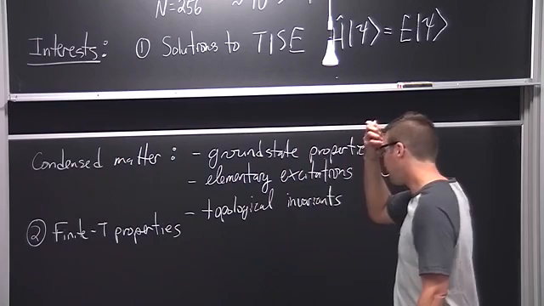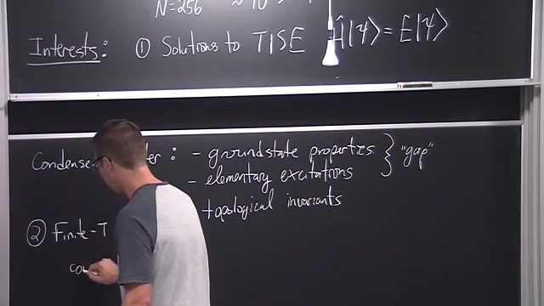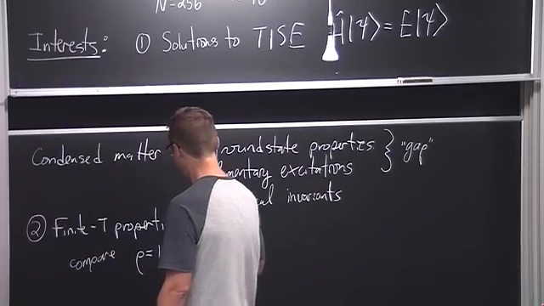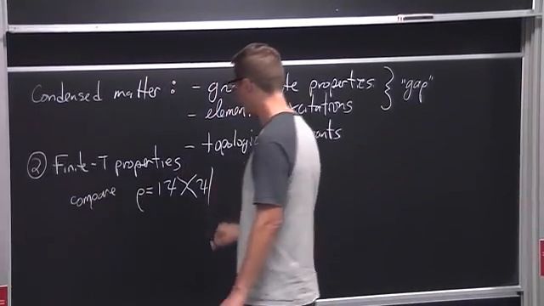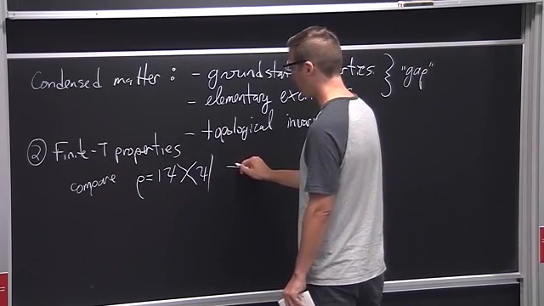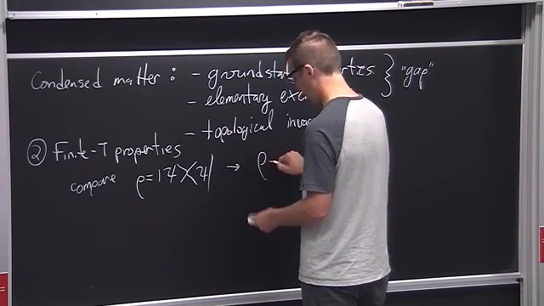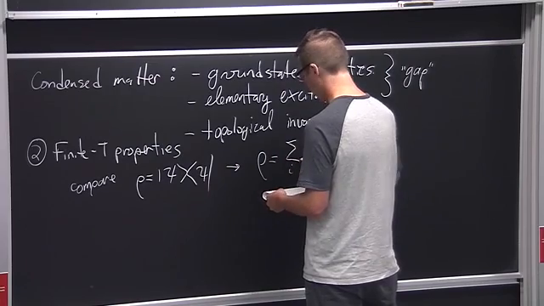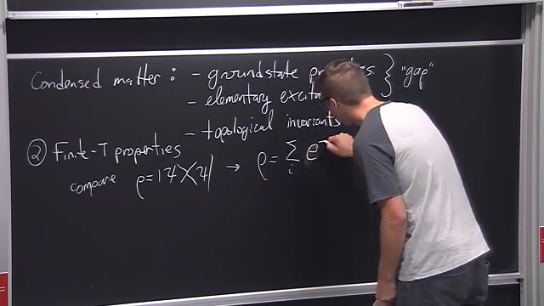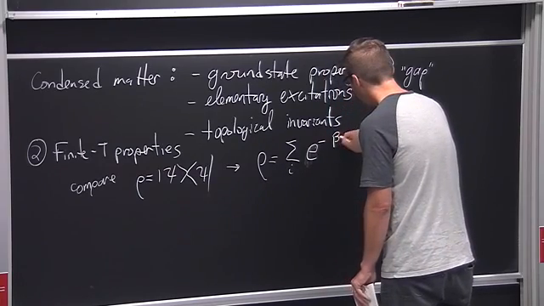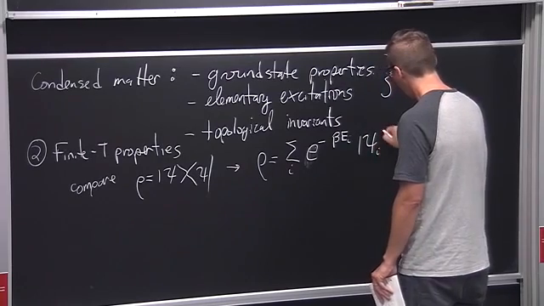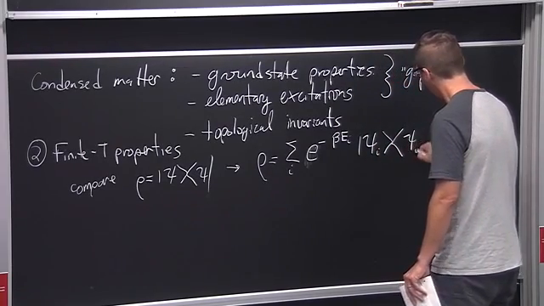That's like taking your density matrix, which is just the outer product of your wave function. Compare this to the thermalized density matrix, which I can write as a sum over e to the minus beta E_i.